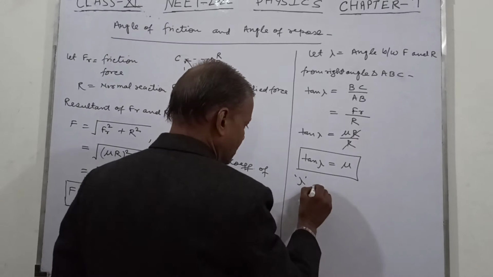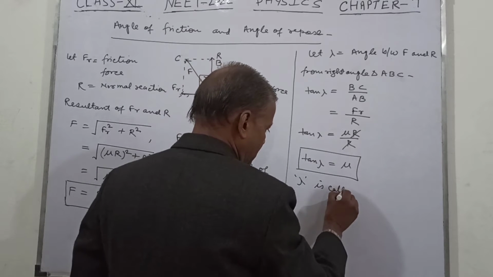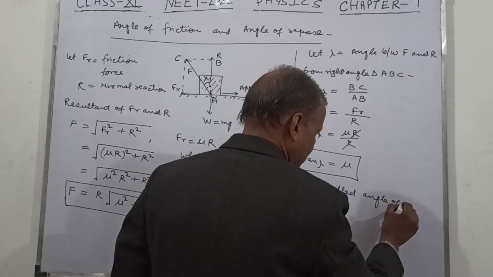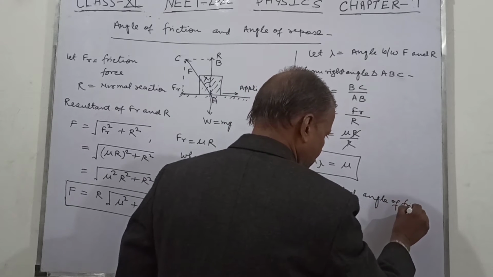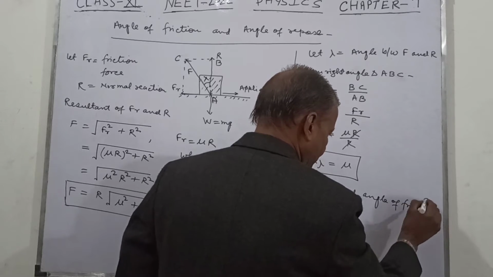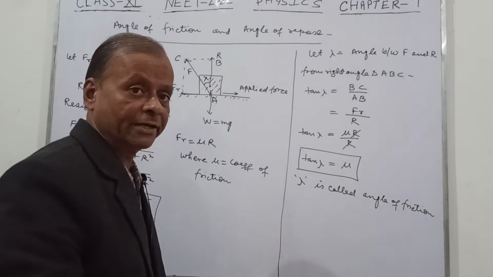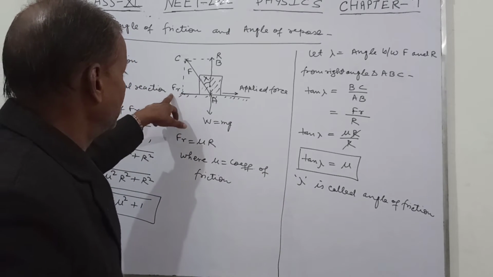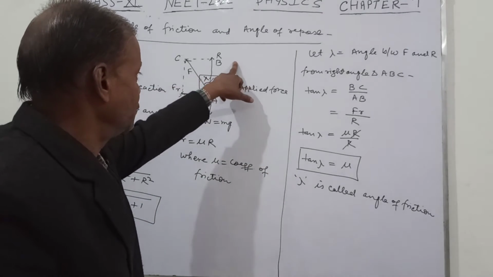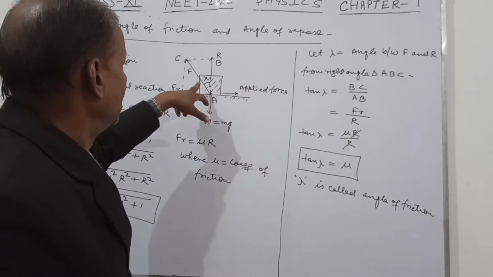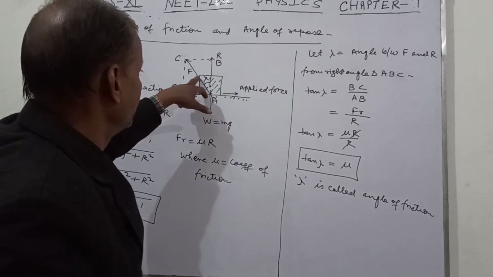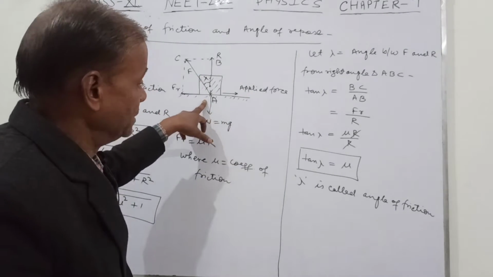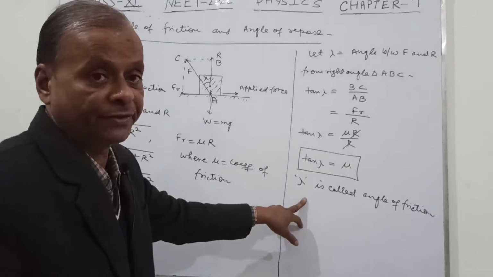Lambda is called the angle of friction. So how do we define this angle of friction? The angle that the resultant of the frictional force and the normal reaction, that is the resultant force F, makes with the reactional force R, is called the angle of friction, lambda.